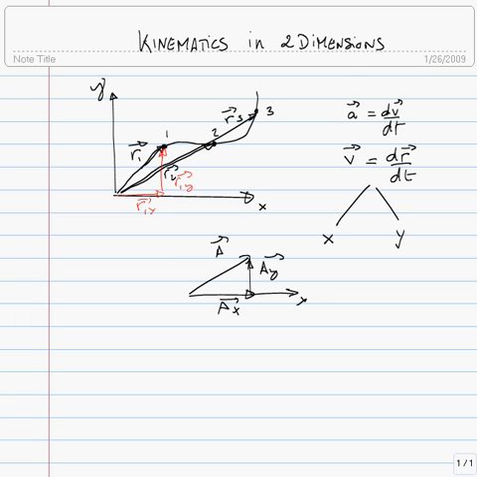If now we're dealing with velocity, we're going to be able to decompose any vector v into two different vectors, the x component of the velocity along the x direction and the y component of the velocity along the y direction.